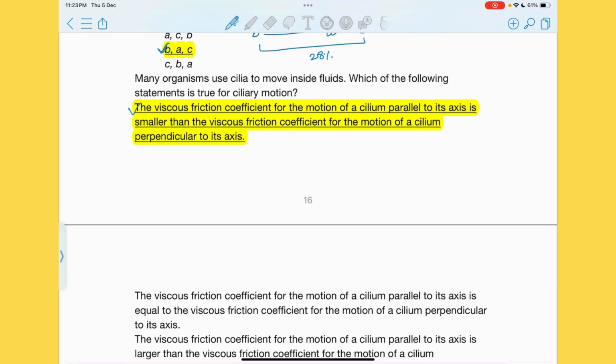Why is this correct? Because if the cilium moves parallel to the axis, it will have lower friction, which is favorable, and if it's perpendicular, then due to the larger surface area, the friction will be high.